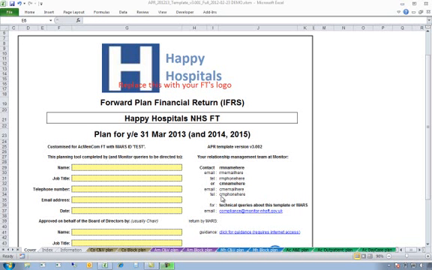In this section I'm going to cover service developments. Service developments are very similar to transactions, but they don't involve the transfer of services from another NHS body.